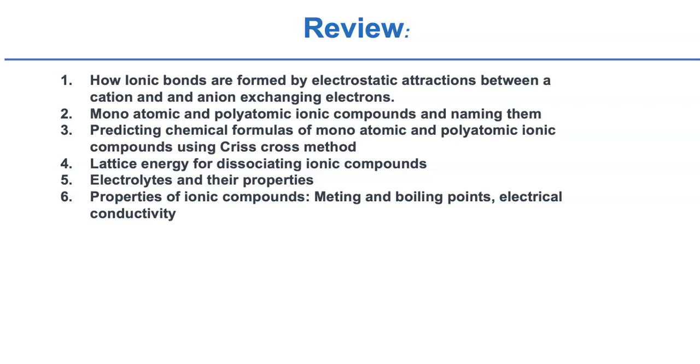We looked at lattice energy for dissociating ionic compounds, and lattice energy is the energy required to dissociate 1 mole of ions from an ionic compound. And once you dissociate those ions, they go back to their neutral atom states.